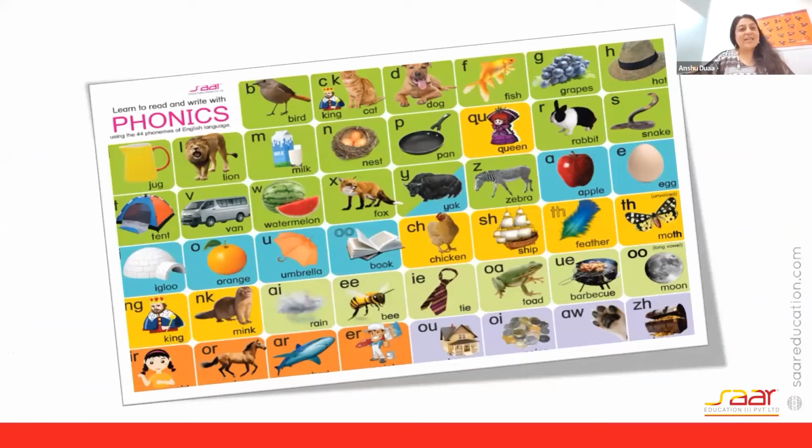Now, English does not have just 26 sounds. It has 42 sounds that we covered in the pre-primary, that is the PP3. Here you've got a lot of combinations. So if you see the light blue ones, there's a combination double O. Then if you go to the yellow ones, you will see combinations of consonants coming together.